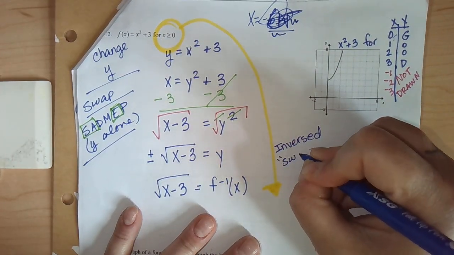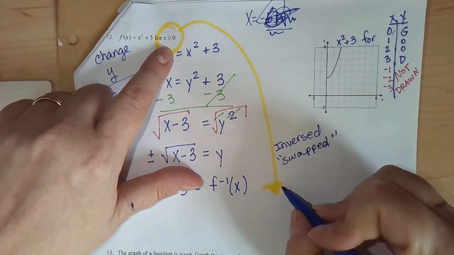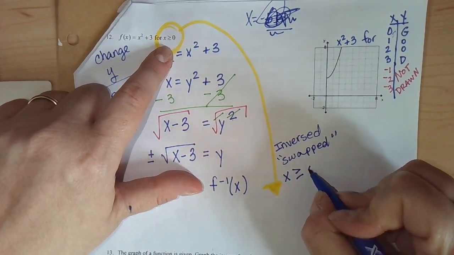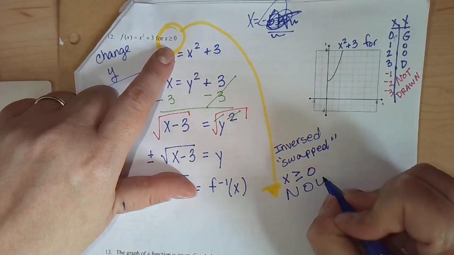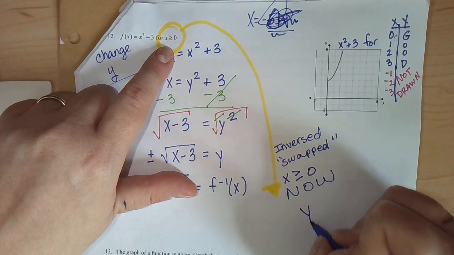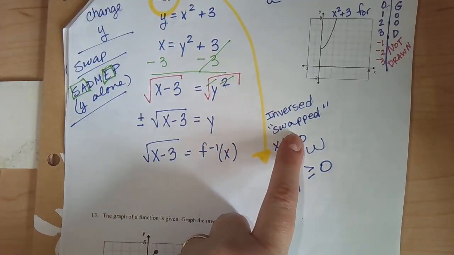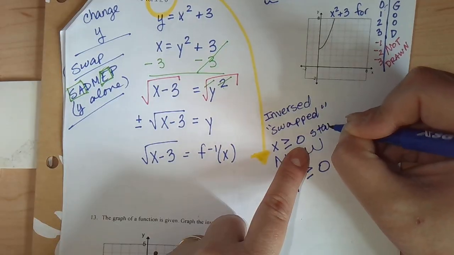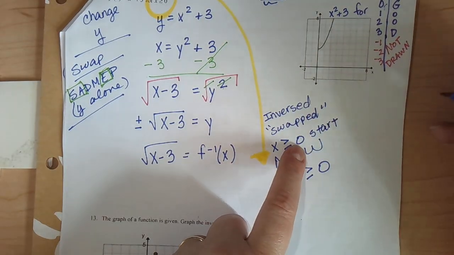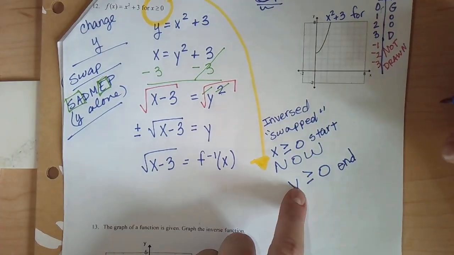another way to say inverse is when you swap it. So when I inverse x bigger than or equal to 0, it's now y bigger than or equal to 0. You see, you just changed the letter. So we started with x bigger than or equal to 0, and then we're going to end with y.